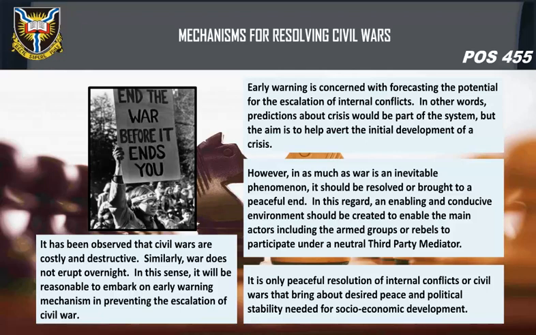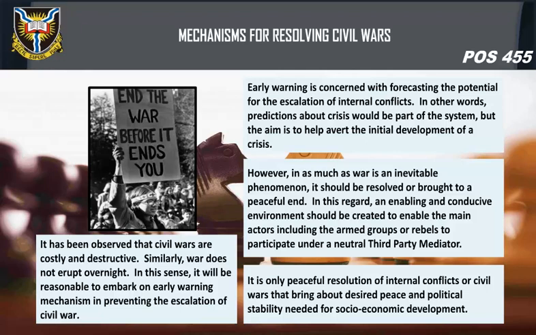Early warning is concerned with forecasting the potential for the escalation of internal conflicts. In other words, predictions about crisis will be a part of the system, but the aim is to help avert the initial development of a crisis. However, inasmuch as war is an inevitable phenomenon, it should be resolved or brought to a peaceful end.